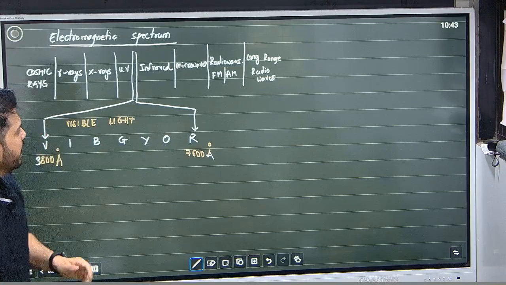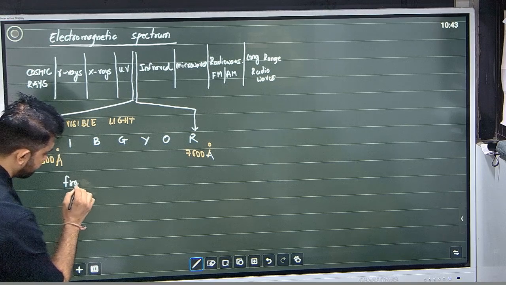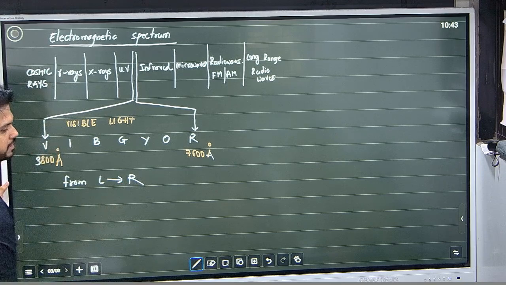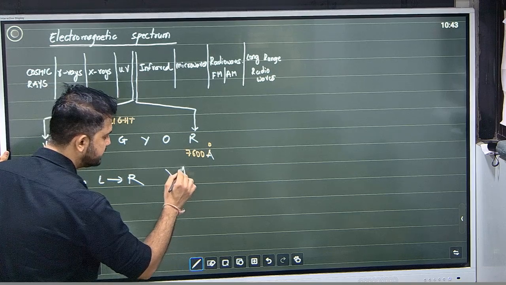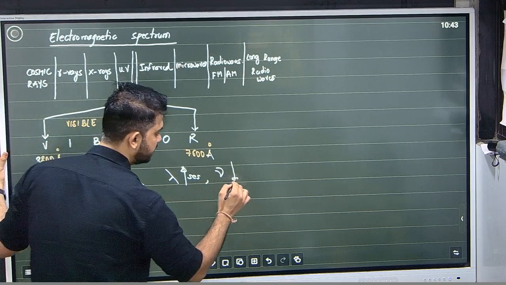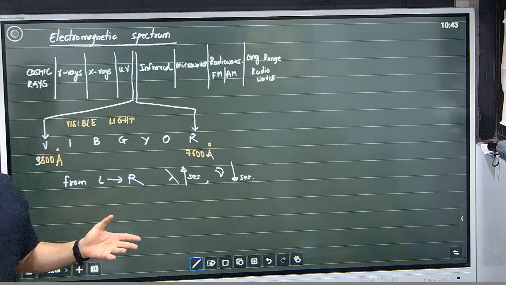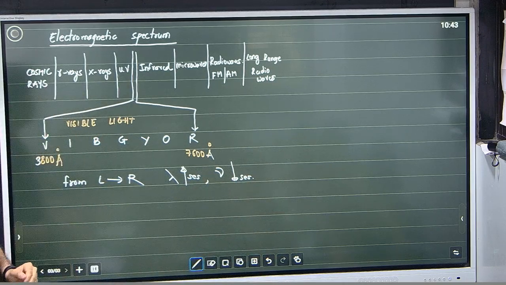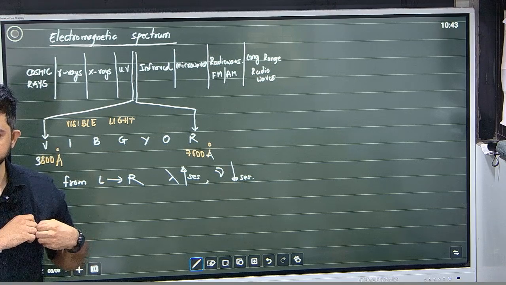Last point, as you go from left to right, the wavelength increases, but the frequency decreases. Or the opposite way: as you go from right to left, the wavelength decreases and the frequency increases.